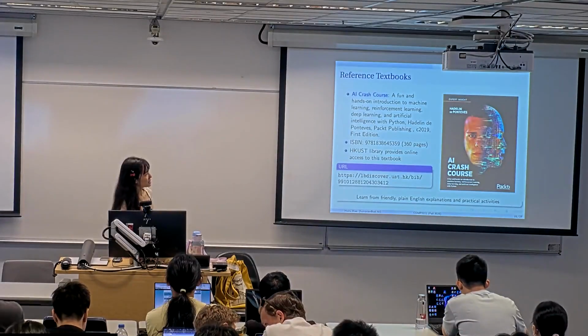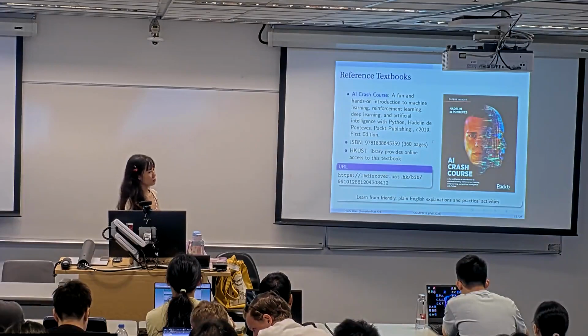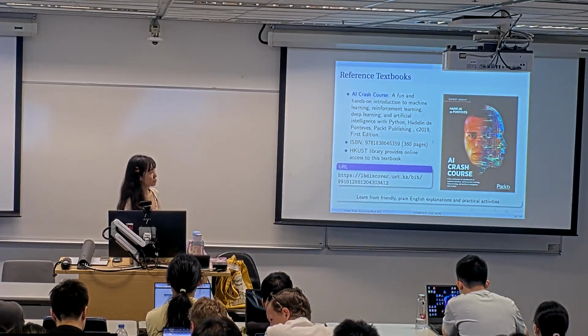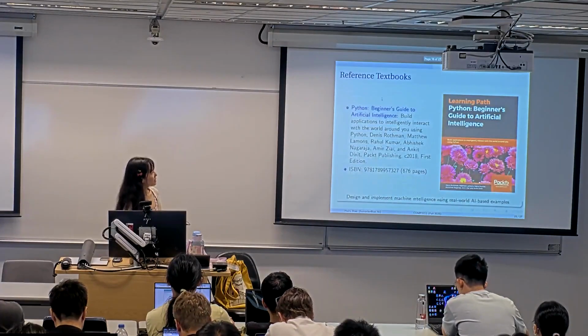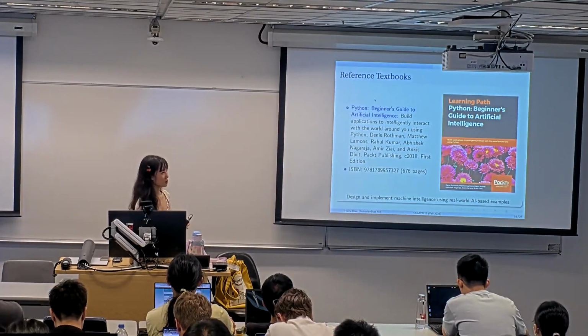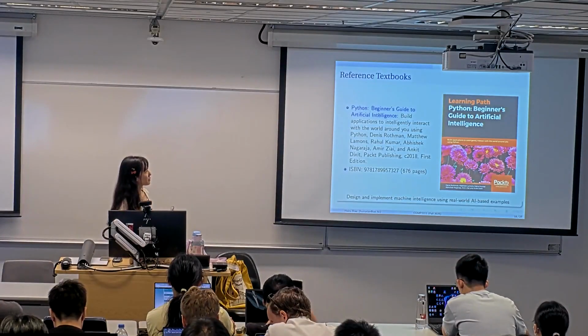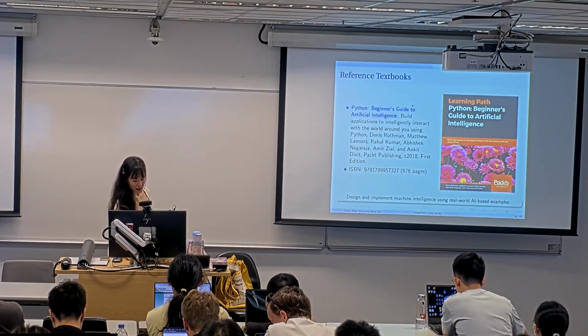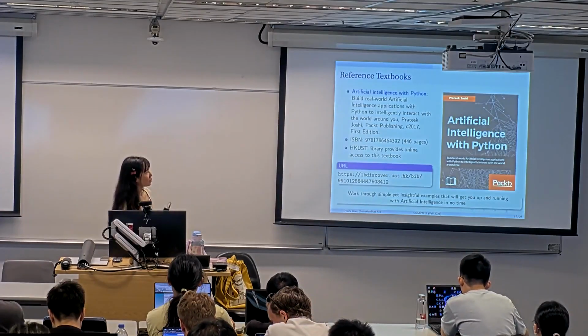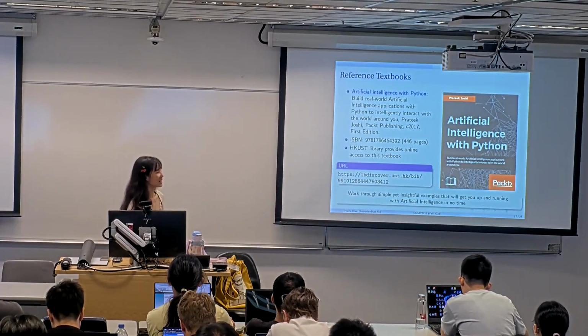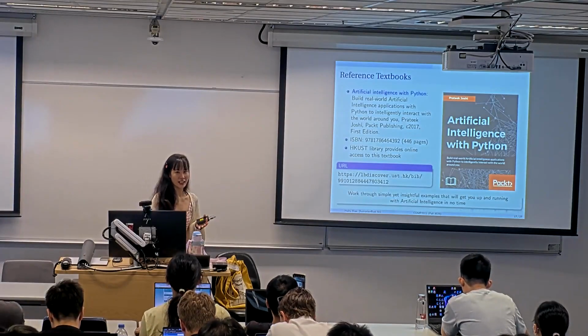So this is specifically about how to build these AI models using Python. And second is, again, specifically tackling on Python, Beginner's Guide to AI. And the third one, AI with Python. So as you can see, we select all the reference books about AI with Python.